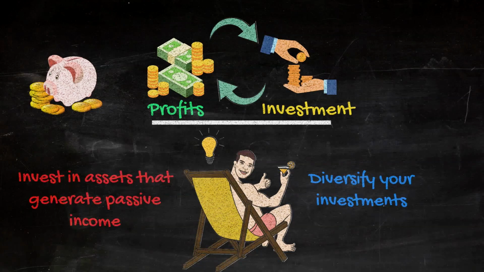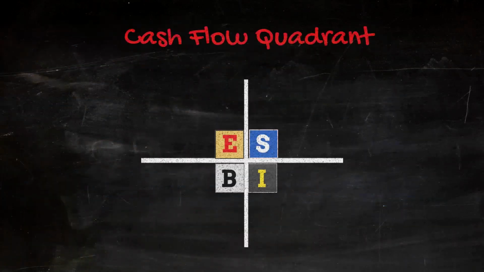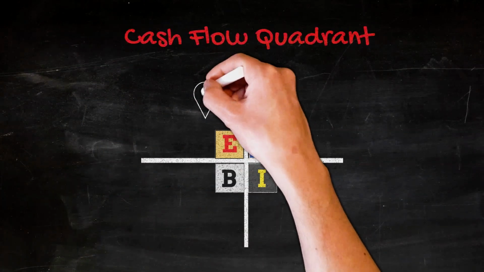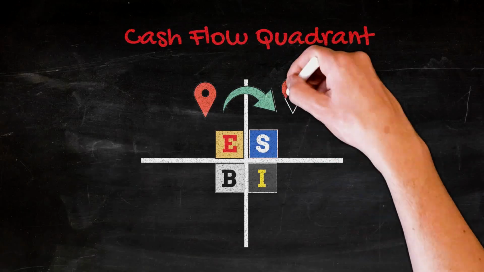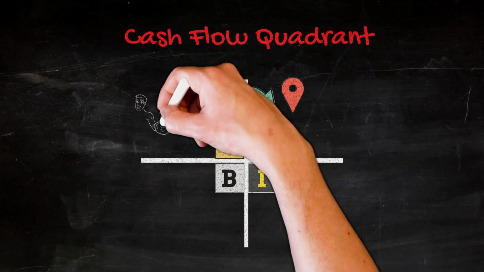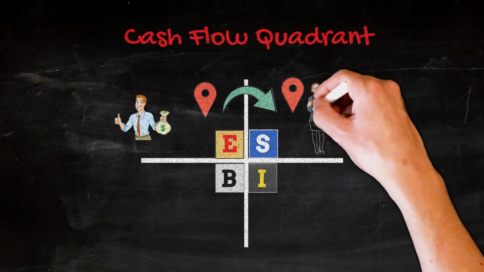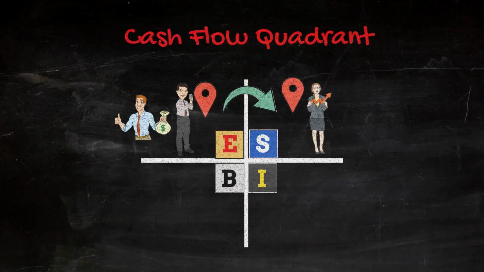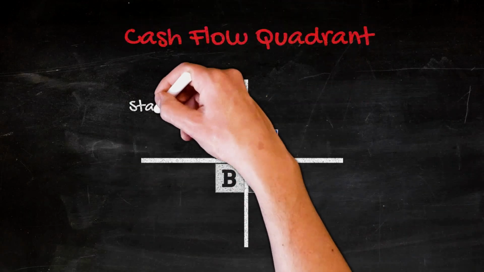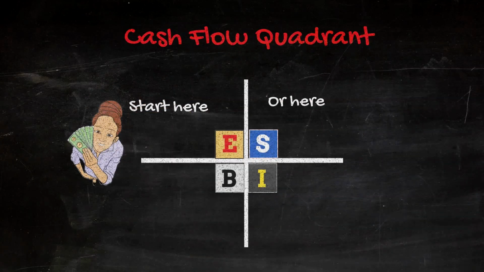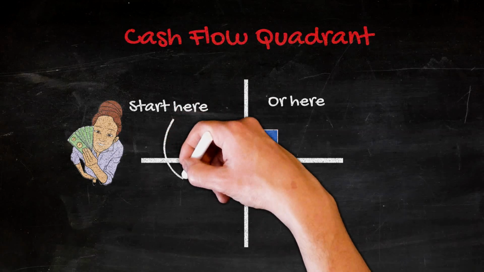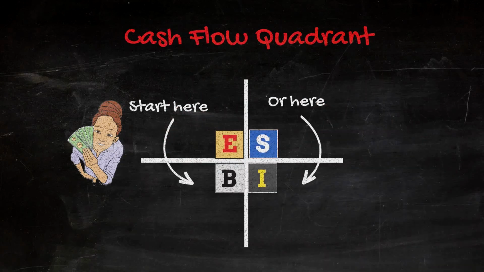What's important to understand about the cash flow quadrant overall is that regardless in which quadrant you start, you don't have to stay in that quadrant. In fact, almost all successful entrepreneurs, business owners, and investors at one point or another were in the employee and/or the self-employed quadrant. Often it is necessary to start in the employee or the self-employed quadrants in order to pay your day-to-day bills while you pursue your entrepreneurial endeavors that will allow you to eventually move over to the business or investor quadrants.